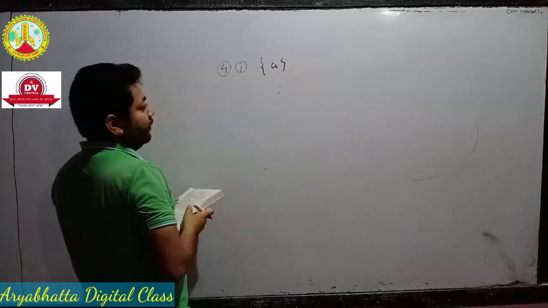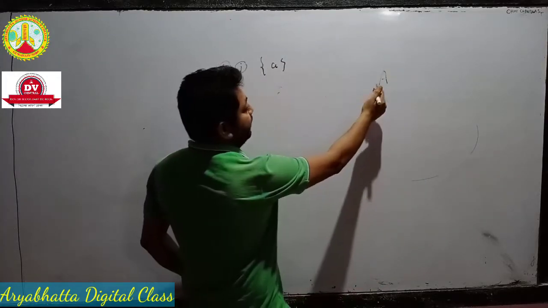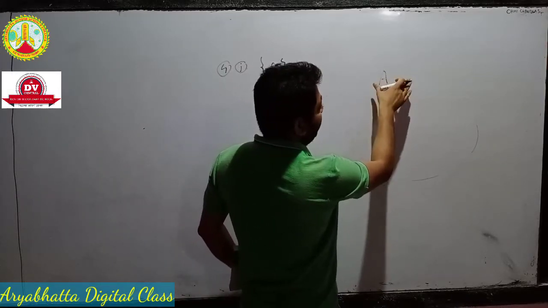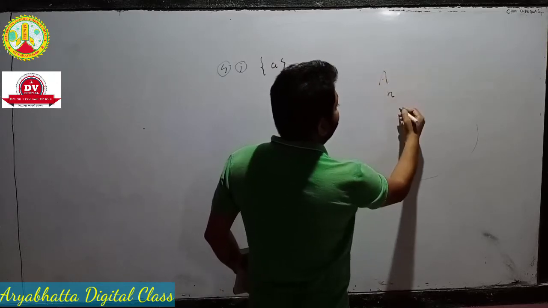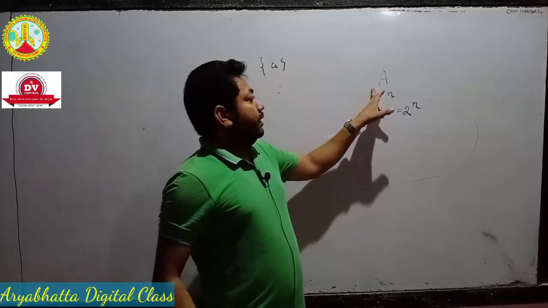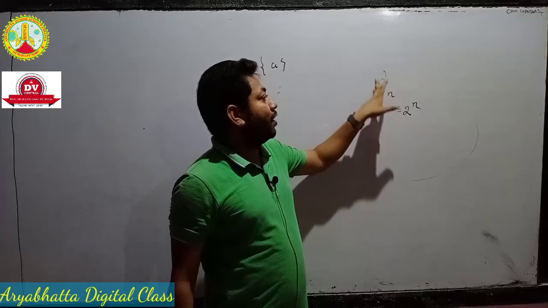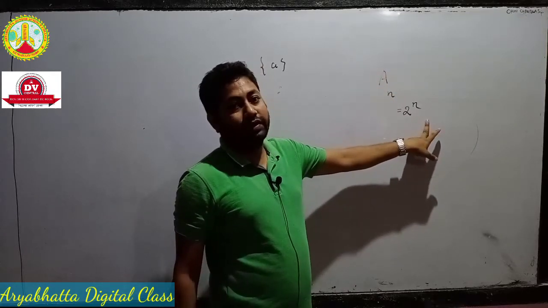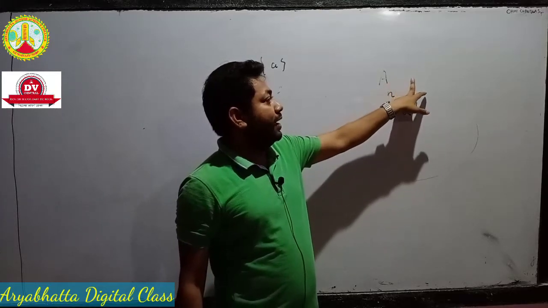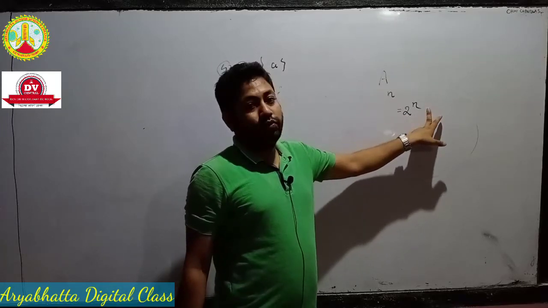We know that if the set A has n elements, then the total number of subsets of the set A is equal to 2 to the power n. Again, I repeat, if A has n elements, then the total number of subsets of set A is equal to 2 to the power n.